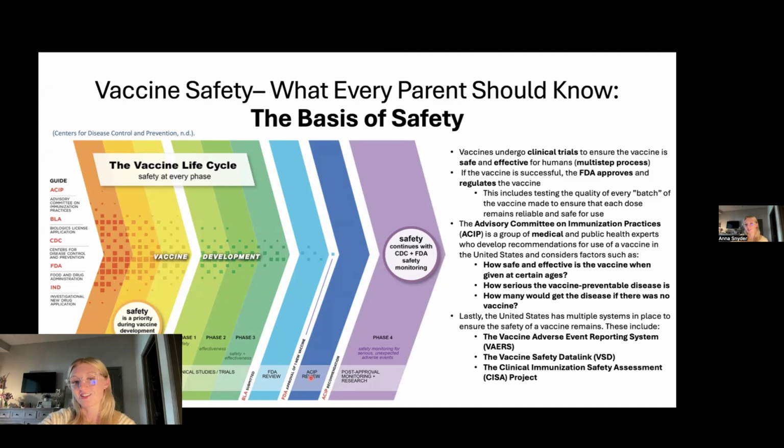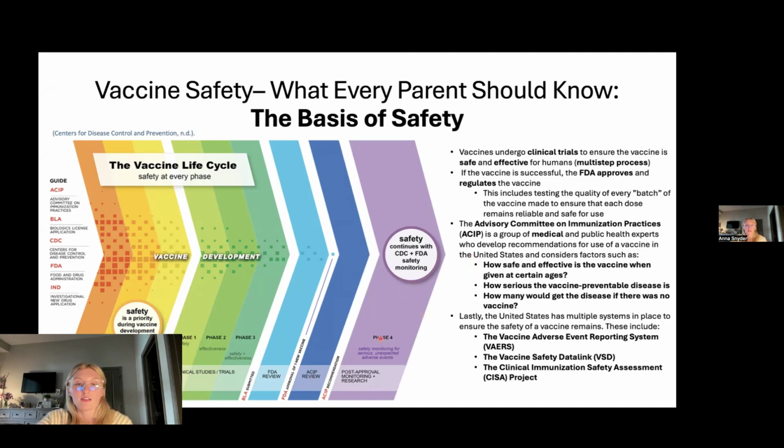So, like at 2 to 6 months versus 18 months plus. They look at how serious the vaccine preventable disease is, and also how many individuals would get the disease if there was no vaccine. So these are all practical questions. Once you've proven that the vaccine is safe and effective, then you need to look at how beneficial is it, how relevant is it, and the ACIP looks at those questions.